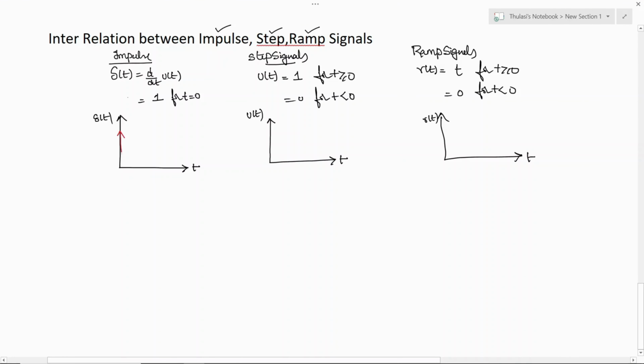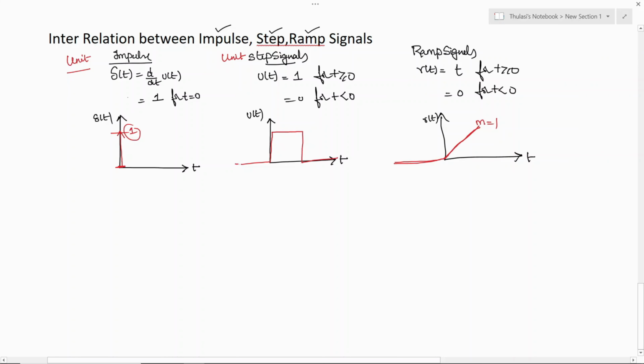It maintains a magnitude of 1. This signal is called the unit impulse signal, and here the step will be like this. These types of signals are called unit step signals, and here the ramp is like this, and it maintains a slope equal to 1. So the red color lines I have drawn are nothing but the signals.